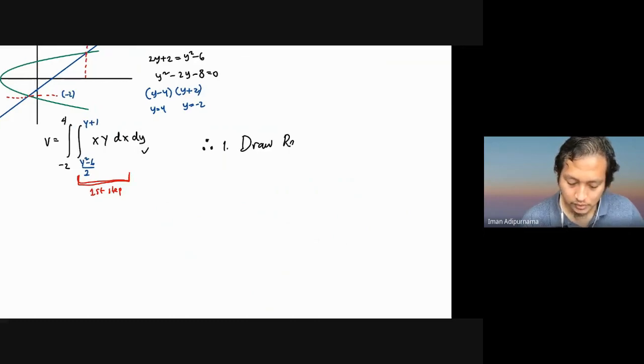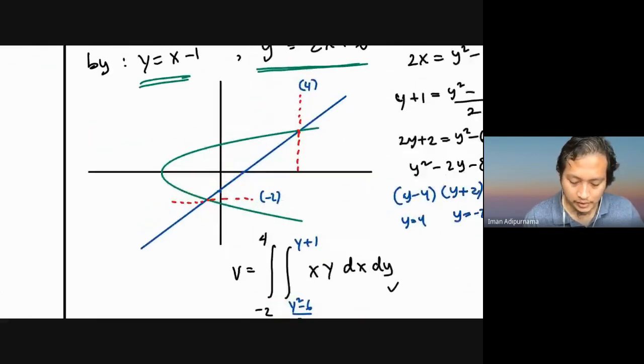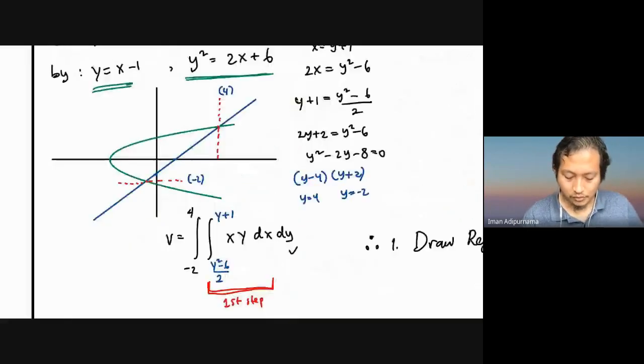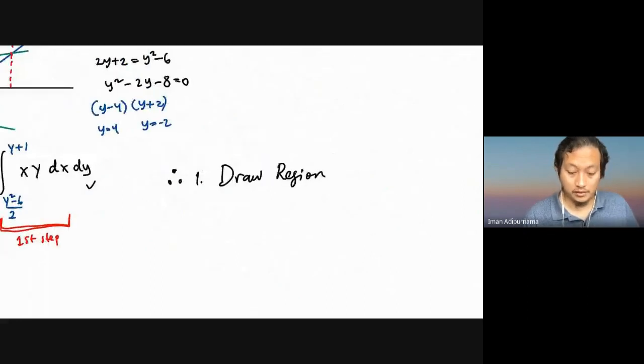So you need to understand which one the curve is. For example, this curve here, which one is the top equation, it's the blue one, right? In integrations, you have top minus below or right minus left. So the blue one minus the left, the green one, right? So of course drawing the region will be essential.